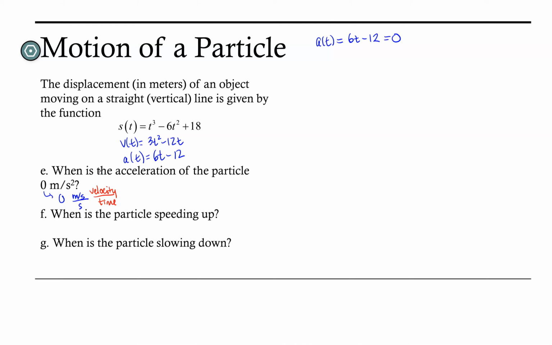We can add 12 to both sides of this equation, and we get 6t equals 12, and then divide by 6, and we end up with 2. And so the acceleration of the particle is 0 meters per second squared when t equals 2 seconds.